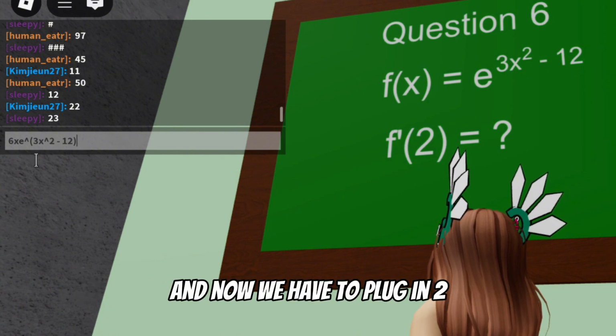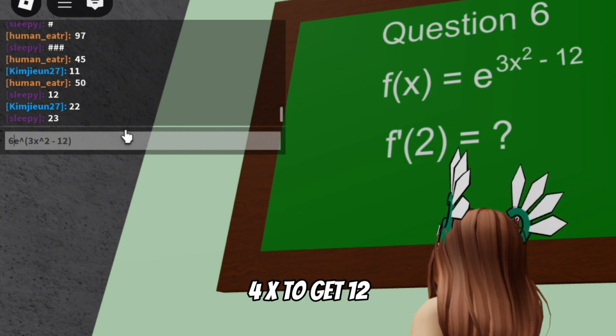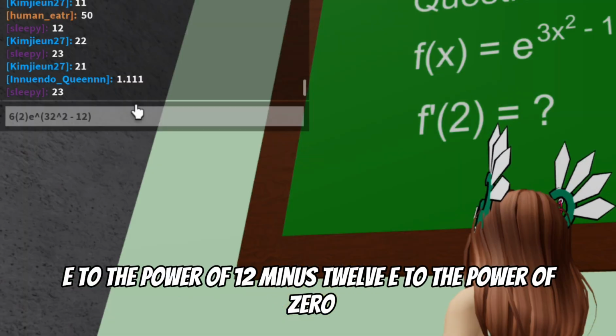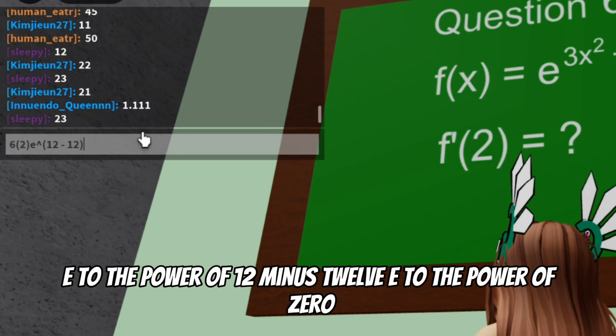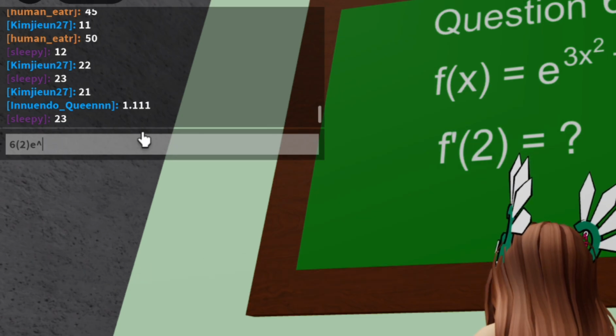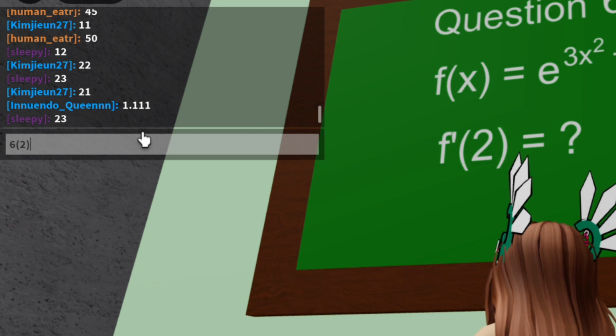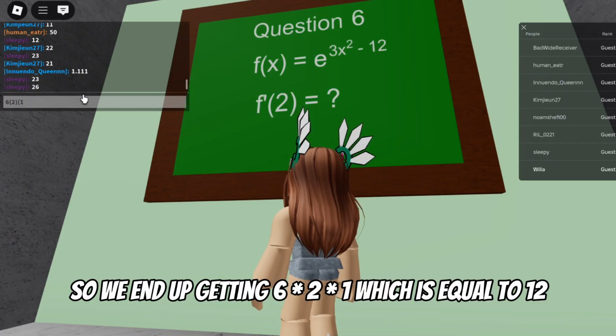Now we plug in 2 for x to get 12e to the power of 12 minus 12, e to the power of 0. And we know e to the power of 0 is 1. So we get 6 times 2 times 1, which is equal to 12.